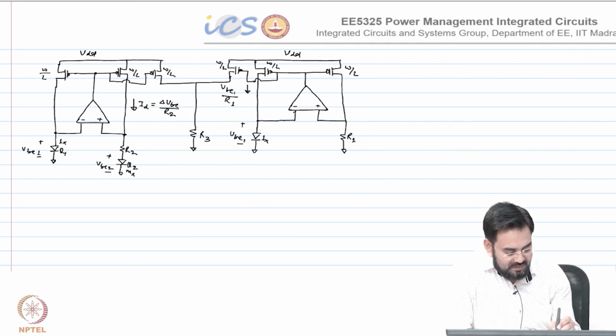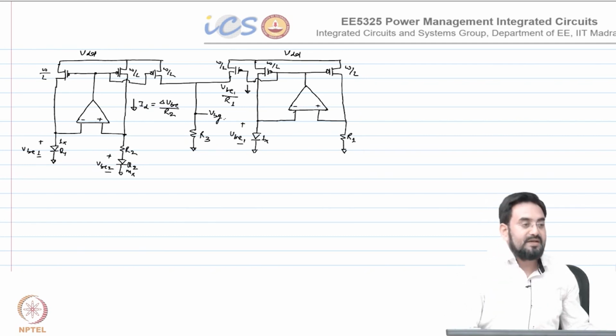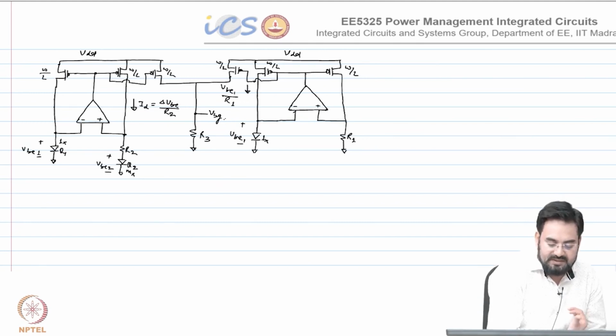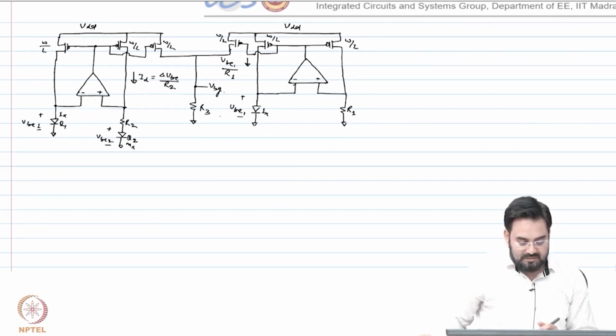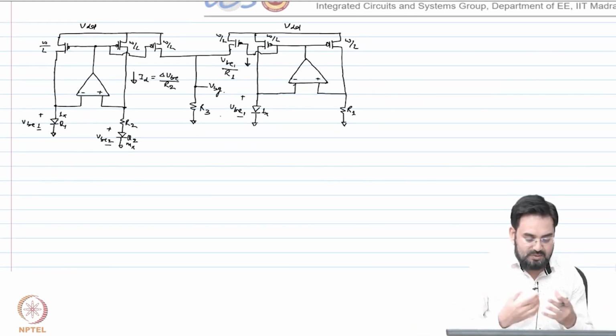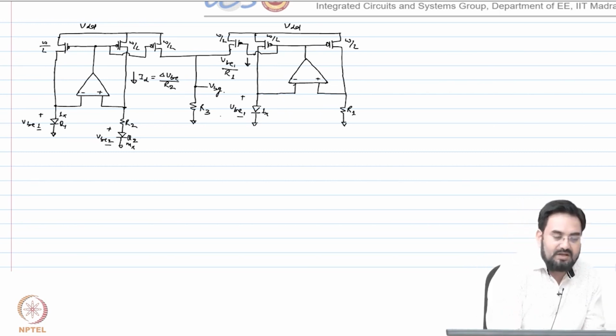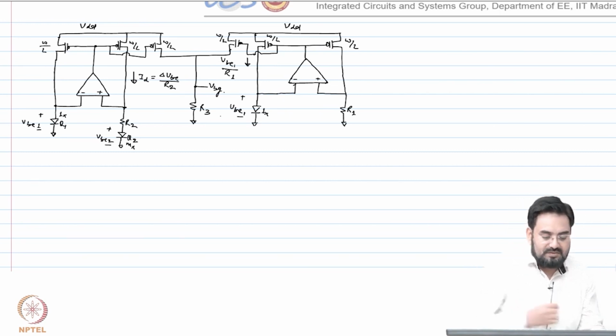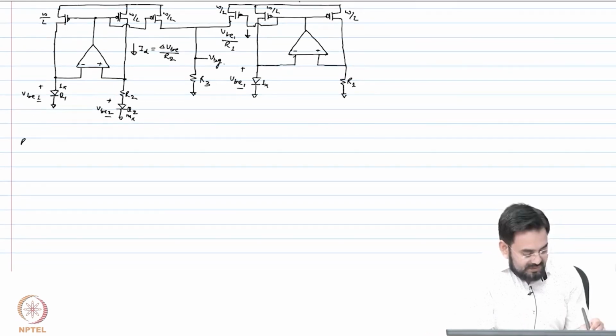This is your R3. Okay. So you will get the same expression. Now let us see how we can combine these two and do everything using single op amp. Okay. So redesign.